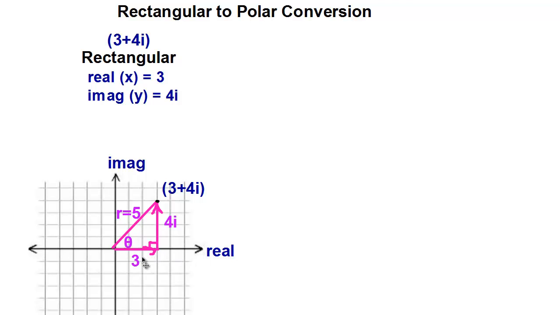Well, if you go back to trigonometry, we've got a little right triangle here with sides of 3, 4, and 5. And to find that angle, we could use the inverse tangent of the vertical coordinate divided by the horizontal coordinate, opposite over adjacent. We're going to find theta, the angular coordinate, using the inverse tangent. We're going to find r, the radial coordinate, using the Pythagorean theorem.